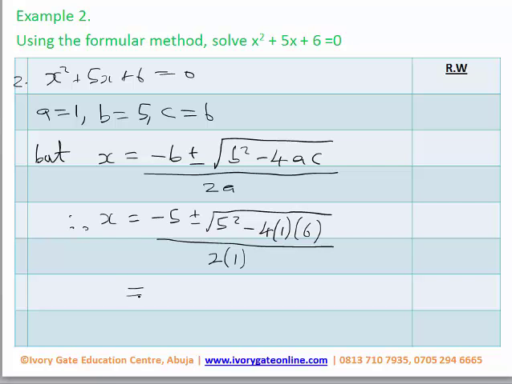Okay, moving further, we have the value as minus 5 plus or minus square root of 5 squared is 25 minus 4 times 1 is 4, then times 6 again, 24, all over 2.